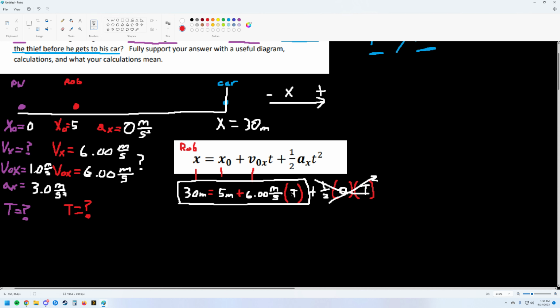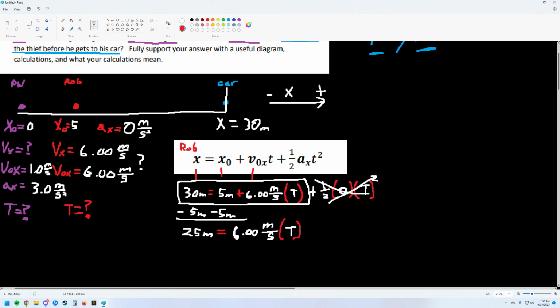So if we solve for t, we subtract 5 meters from both sides. We get 25 meters on the left is equal to 6.00 meters per second times time.